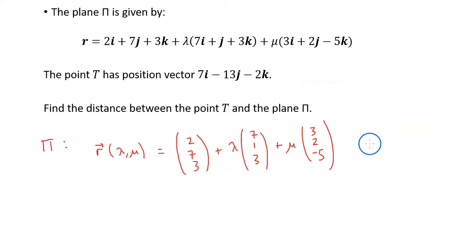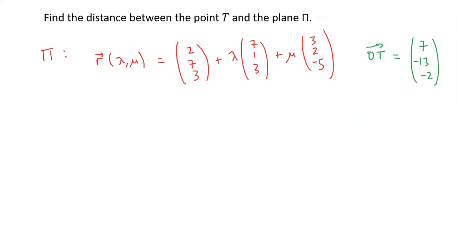And we also have the position vector of the point T is (7, negative 13, negative 2). Alright, now we're in business. It says find the distance between the point T and the plane pi.